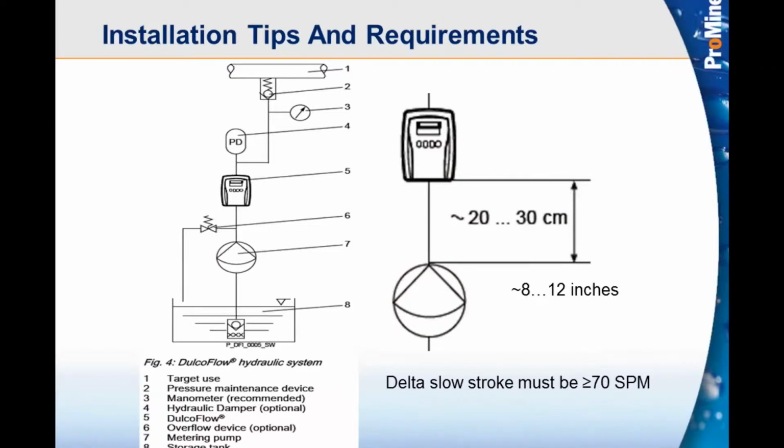You'll see that the pump, item 7, is situated below the Dulcoflow, pretty much directly in line. It's always best to keep that in line. It needs to be 20 to 30 centimeters from the Dulcoflow. So not too far, but not too close. That translates to 8 to 12 inches for us.